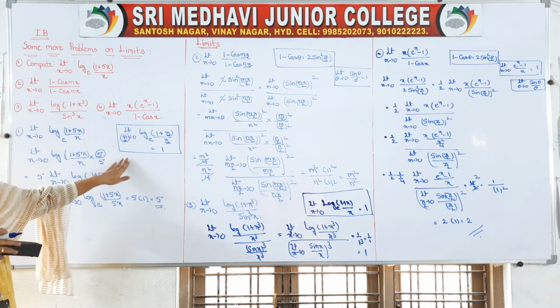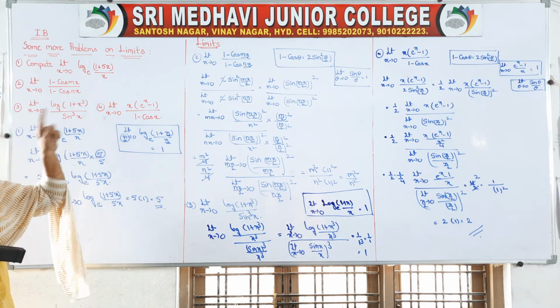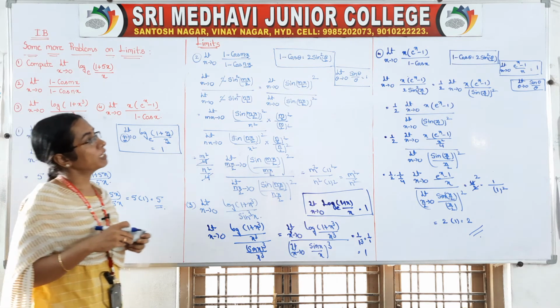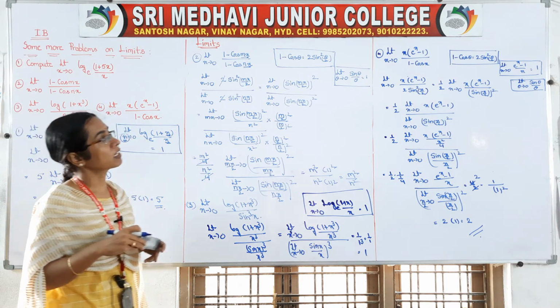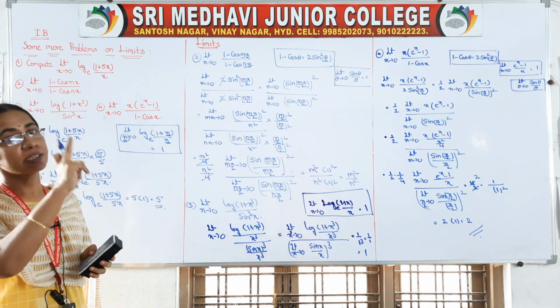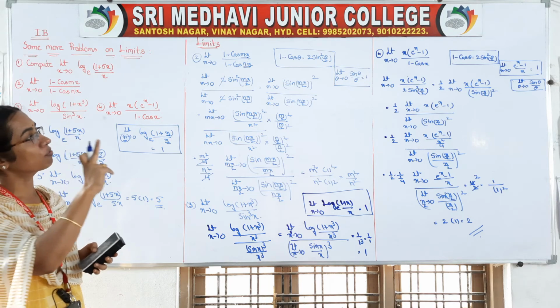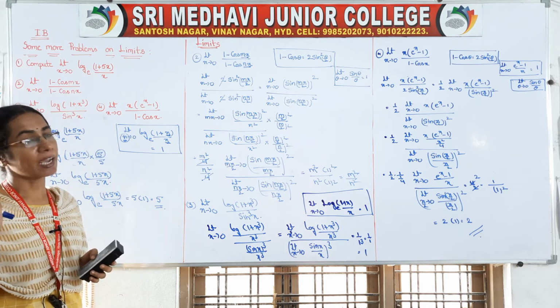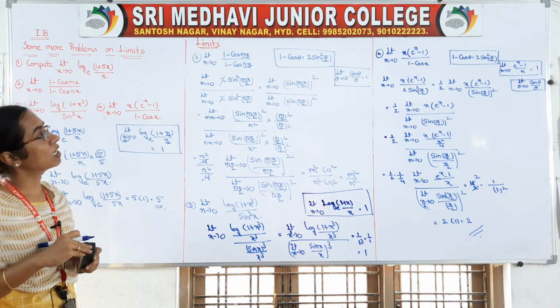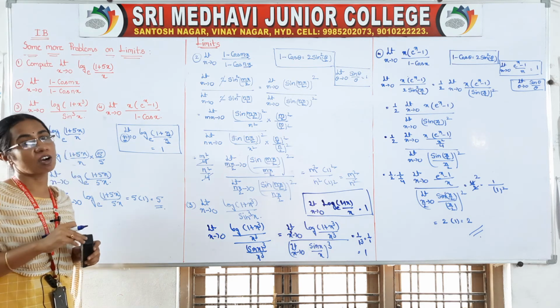In the first problem we applied this formula, and in the second problem, if you observe, we applied one trigonometric formula: 1 minus cos theta is equal to 2 sin square theta by 2. Again, theta is general form. Instead of theta you can have any angle. In your problem you have 1 minus cos mx upwards and 1 minus cos nx downwards.